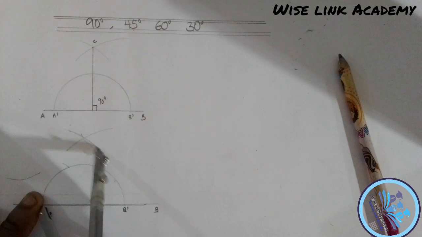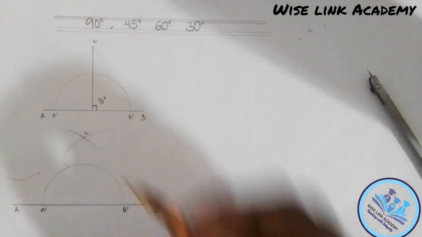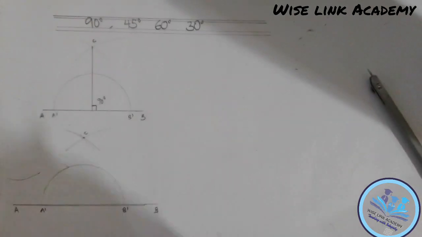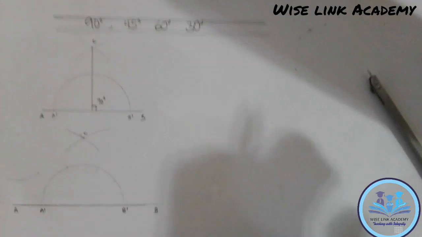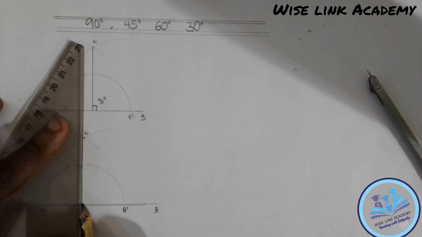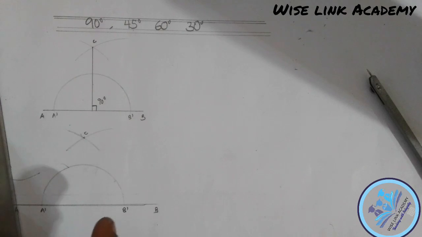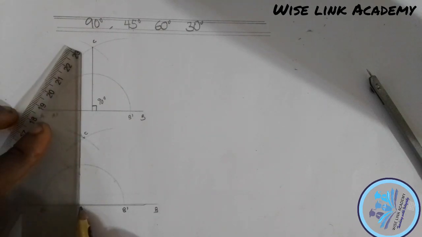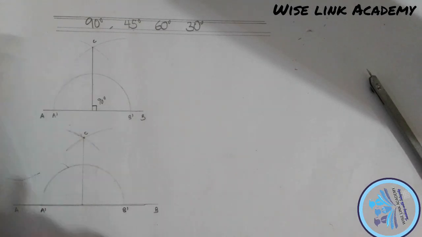Where those arcs meet at this point is my point C. From this point C, you draw a faint line downward, because we are not constructing 90 degrees. The 90 degrees I did earlier, I dropped a thick line because we wanted 90 degrees. But in this case, we just want to use 90 degrees to get our 45. So draw a faint line this way.